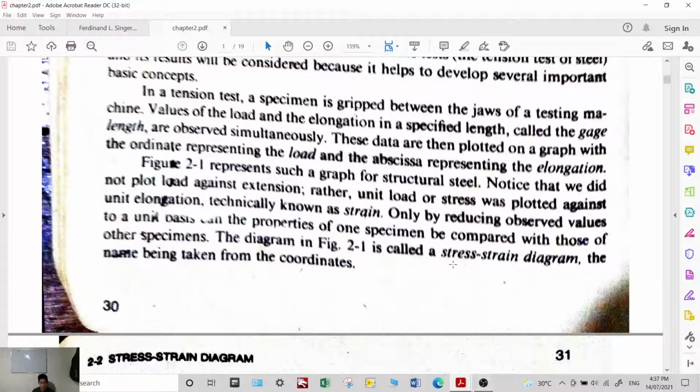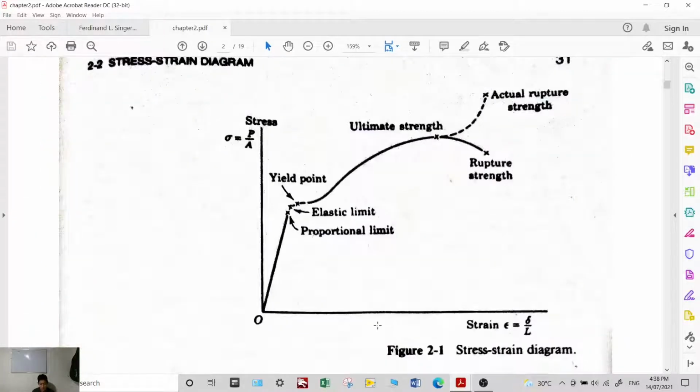So in a tension test, the specimen is clamped between the jaws of the machine and you subject a force and also determine the specified deformation, okay, in order to get this stress and strain diagram.